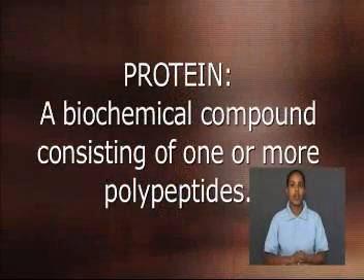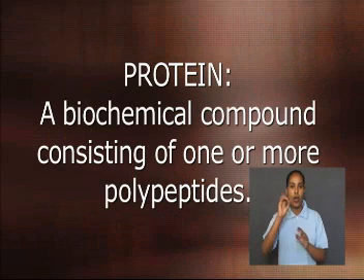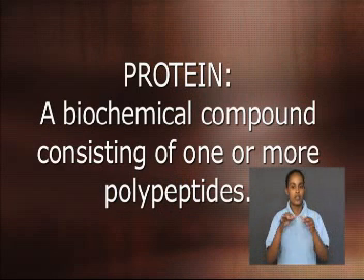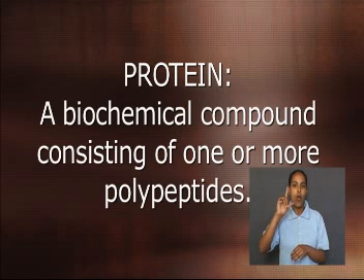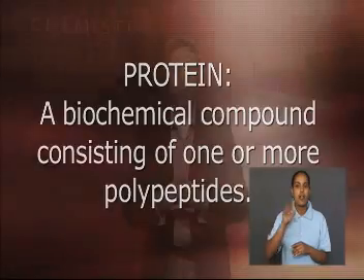A protein is a biochemical compound. It consists of one or more polypeptides, typically folded into a globular or fibrous form. This leads us naturally to the next question. What is a polypeptide?